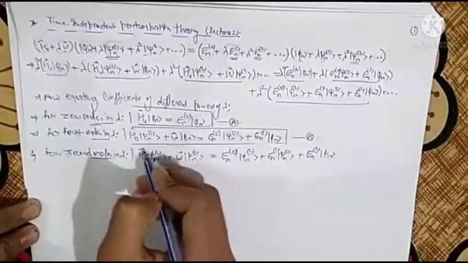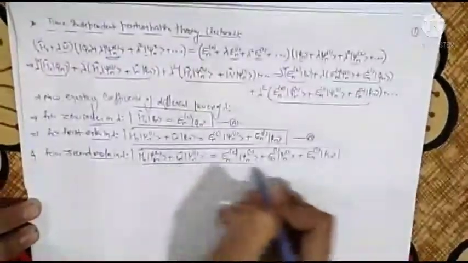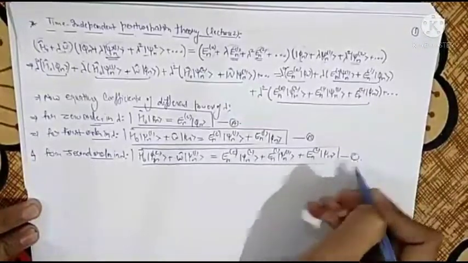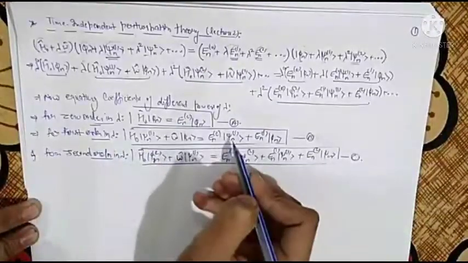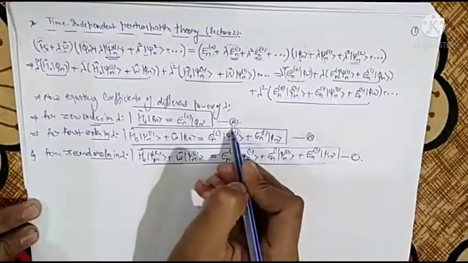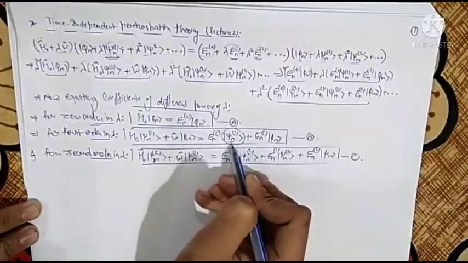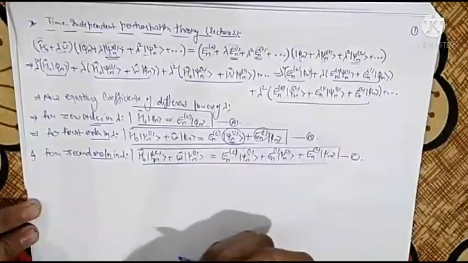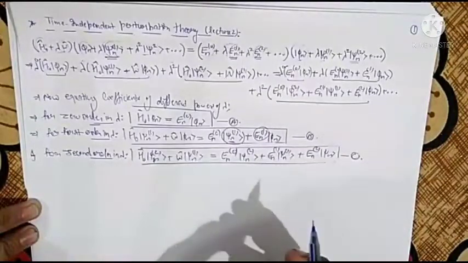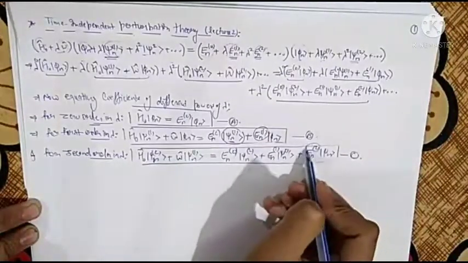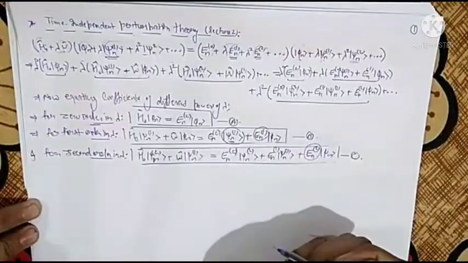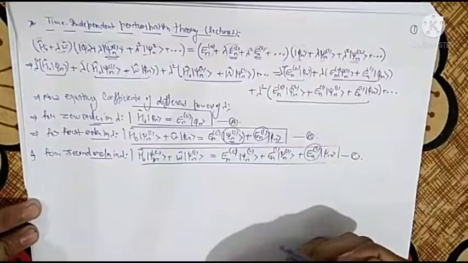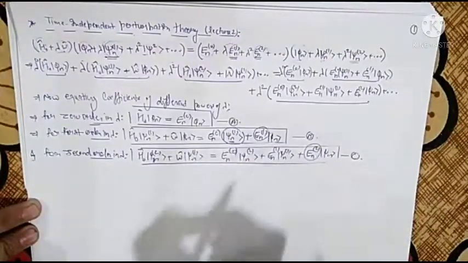So this is the third most important equation, because these are the equations that we will use to calculate these quantities. We are looking for this first order correction in wave function, this first order correction in energy eigenvalues, and this second order correction in energy eigenvalues. So these are the terms that we are looking for.